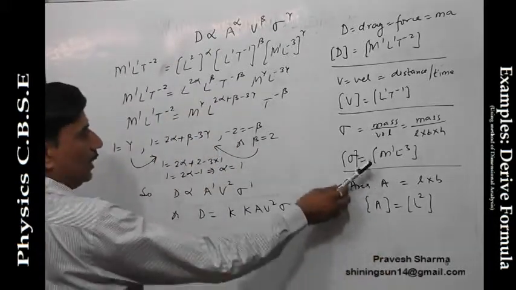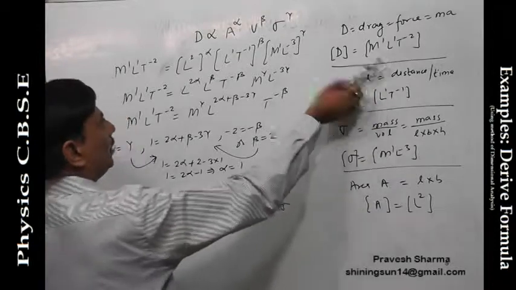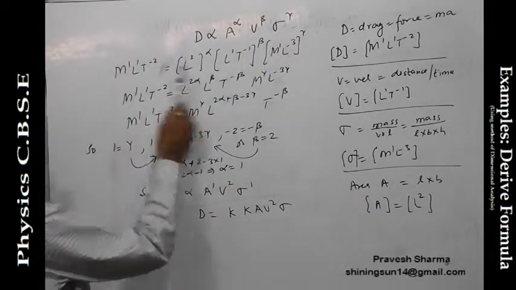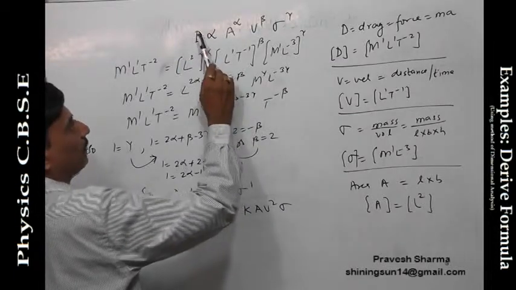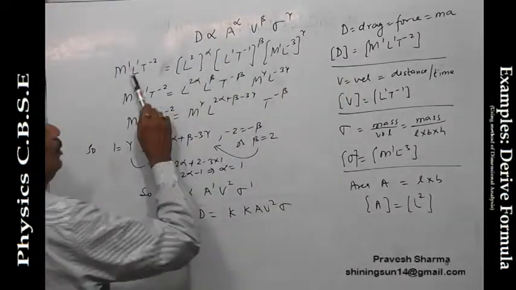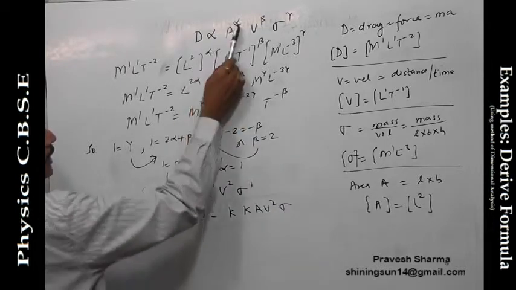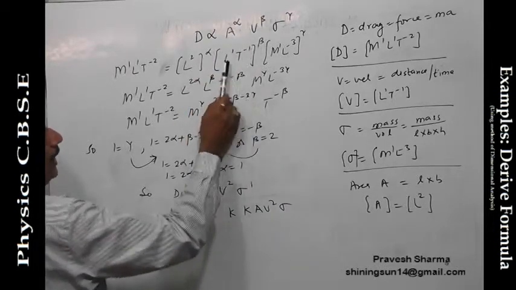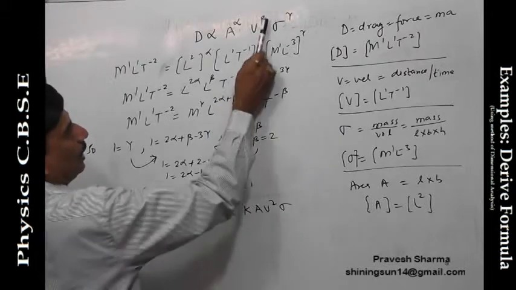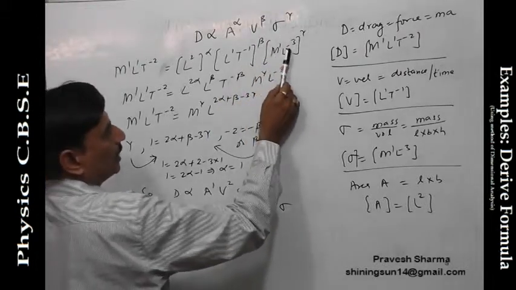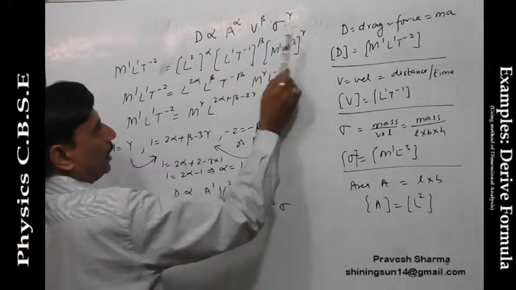Now we pick the dimensional formulas and put them in this equation. So D, the dimensional formula for drag force, M^1 L^1 T^-2, equals area L^2 raised to alpha, velocity L^1 T^-1 raised to beta, and density M^1 L^-3 raised to gamma.